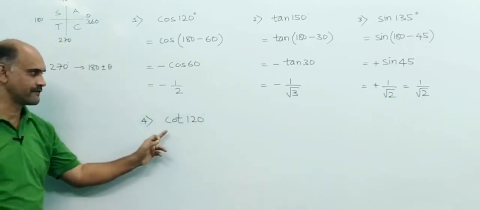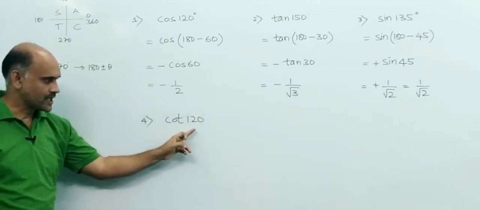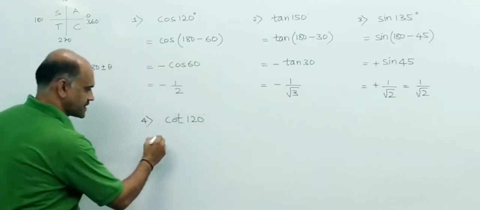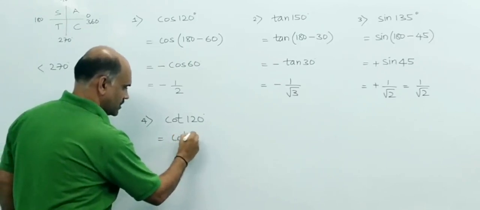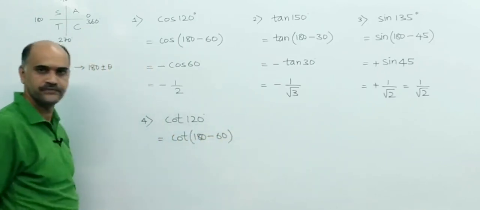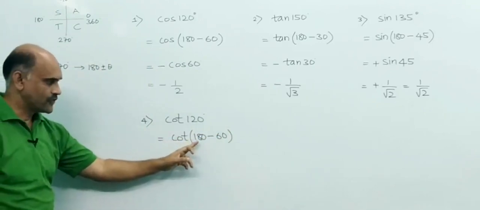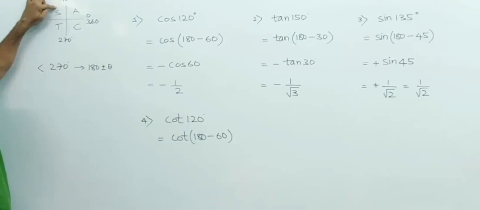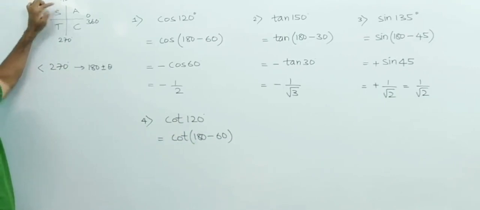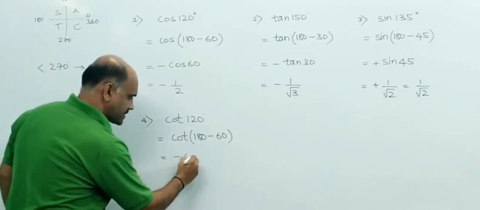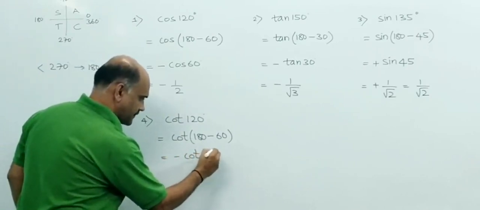Cot 120. So now again 120 can be written as 180 minus 60. So cot 180 minus 60. Now if you observe, 180 minus is in second quadrant. In second quadrant cot is negative. So minus cot 60.